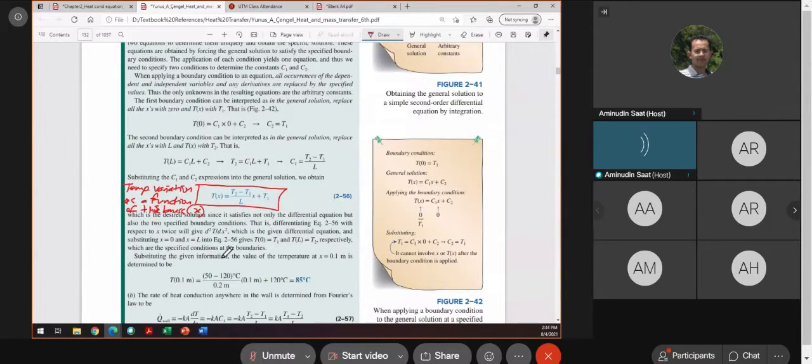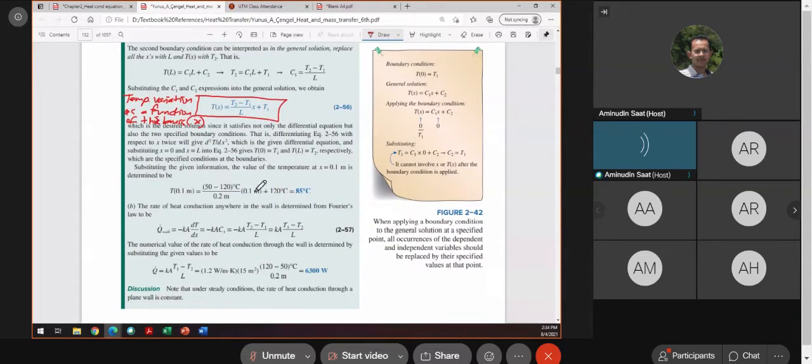So from the boundary conditions, you can find what the L value is, and you can solve this in the next step.